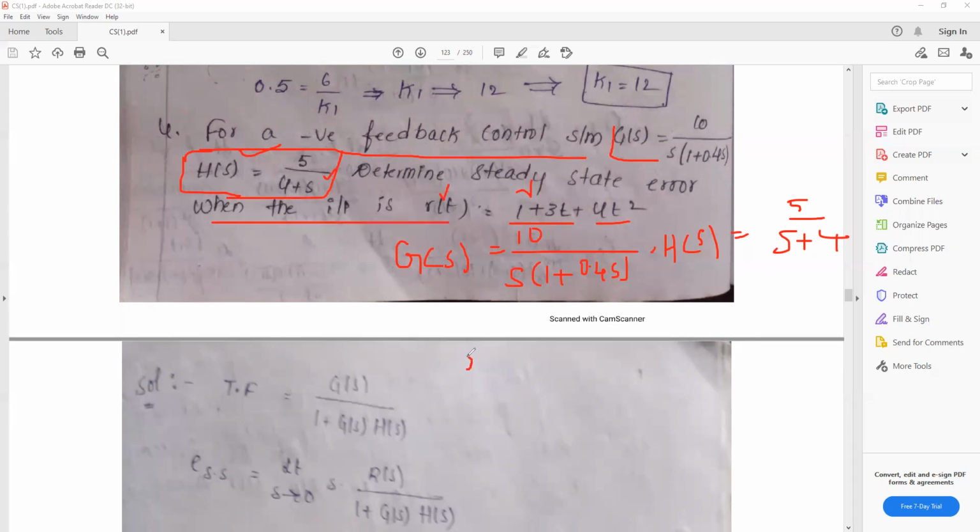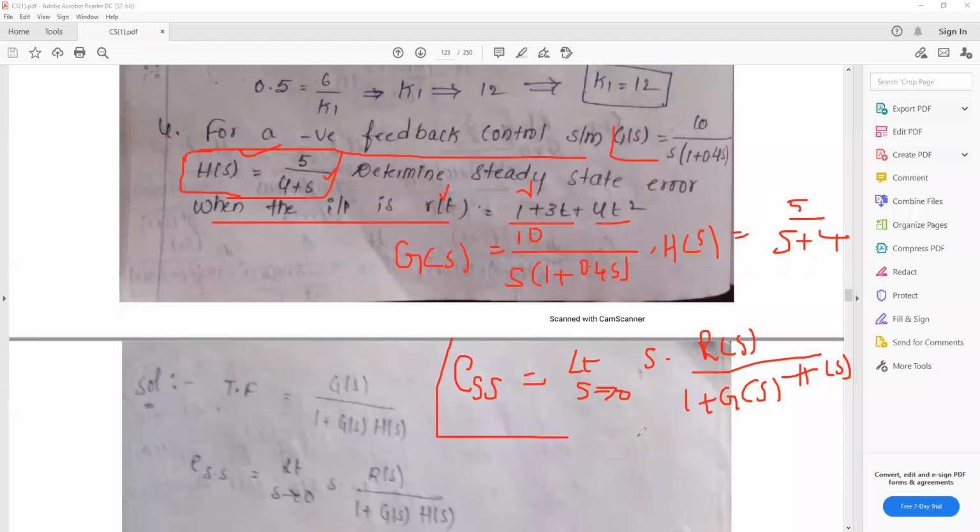So first, what is the formula of steady state error? Steady state error is limit s tends to 0, s into R(s) by 1 plus G(s) into H(s).